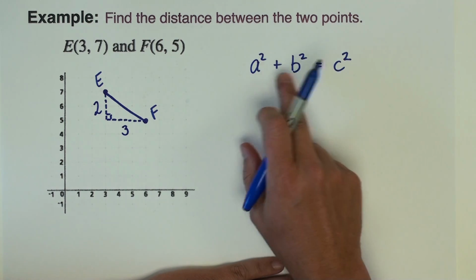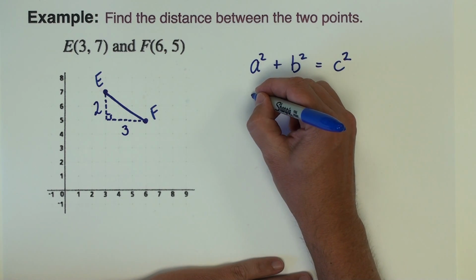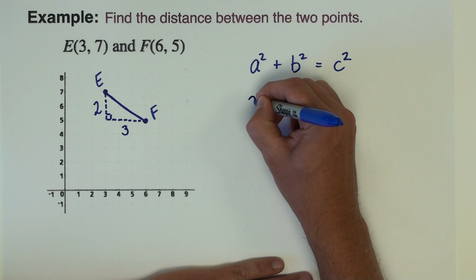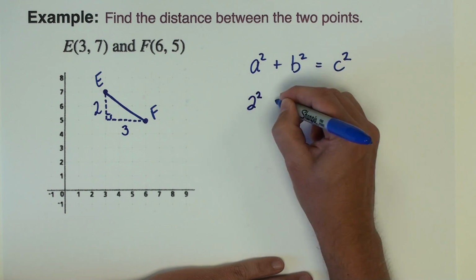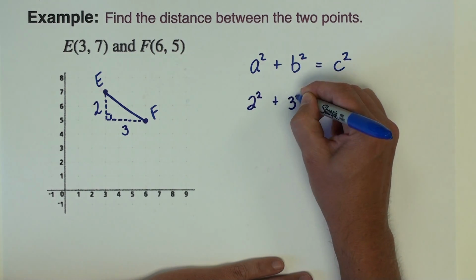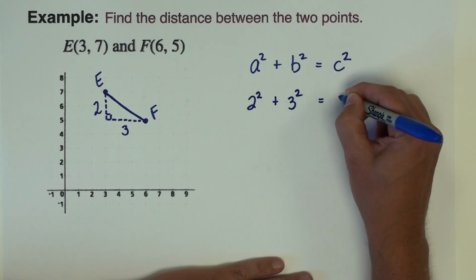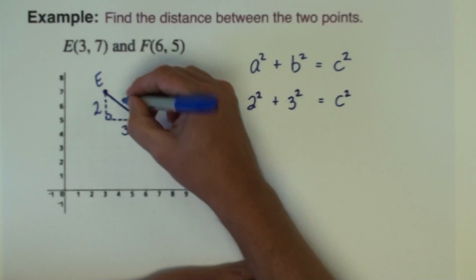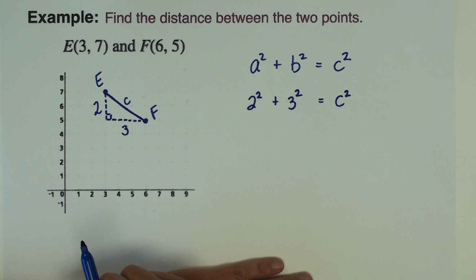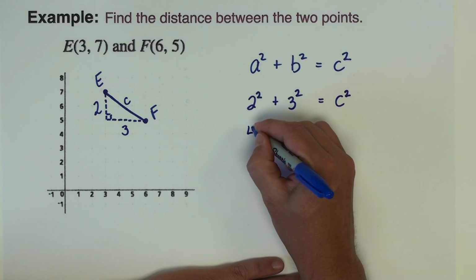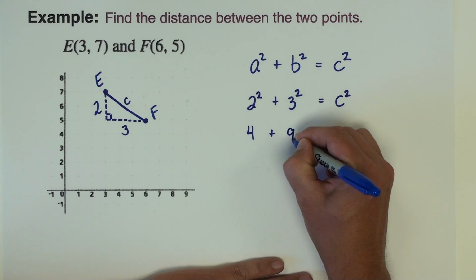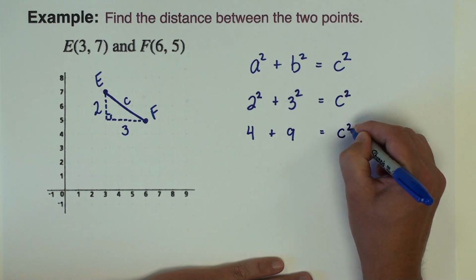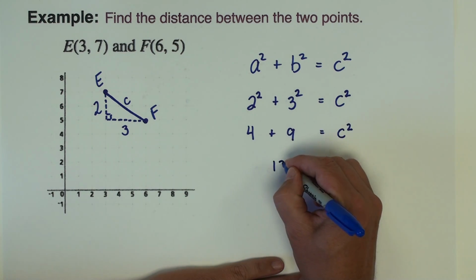And so in either order, it doesn't matter. One of these is 2, so the A could be 2, and I'd have 2 squared. The B could be 3, so 3 squared equals c squared, and the c, of course, is the hypotenuse. So 2 squared is 4, 3 squared is 9, that's c squared. 4 plus 9 is 13.